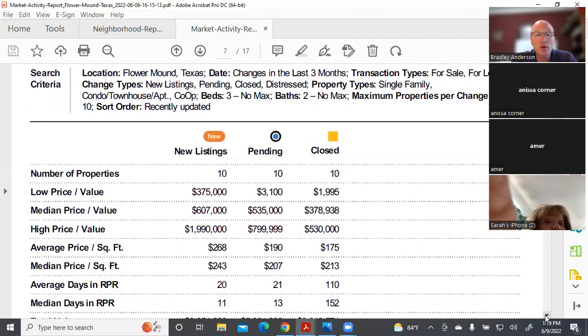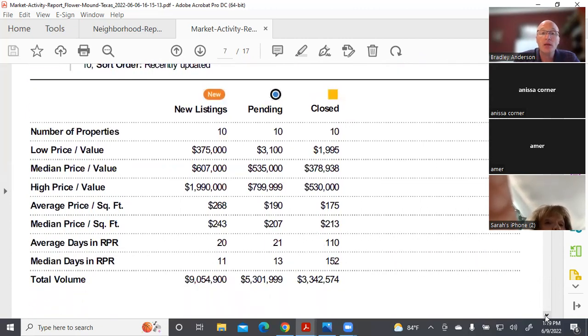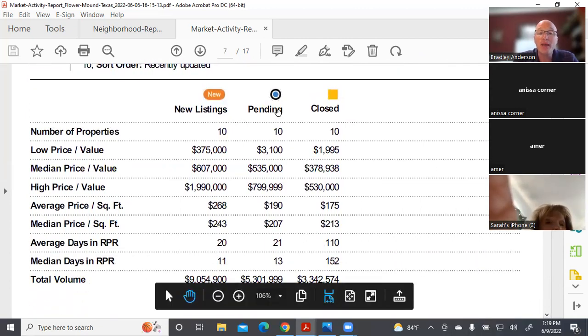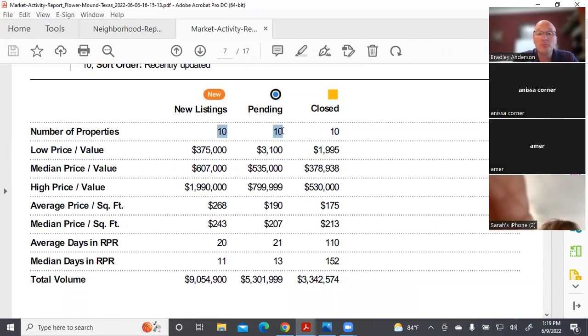And so here's some more just for the town. How many new listings were there? How many pendings? How many closed? These are the number of properties. Painfully low. Very, very low. The lowest price for, let's just do new listings. Low end at $375, median price at $607.